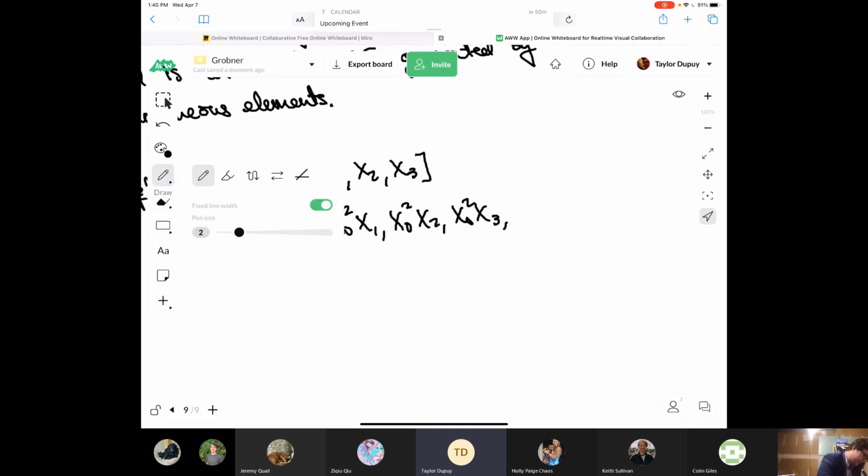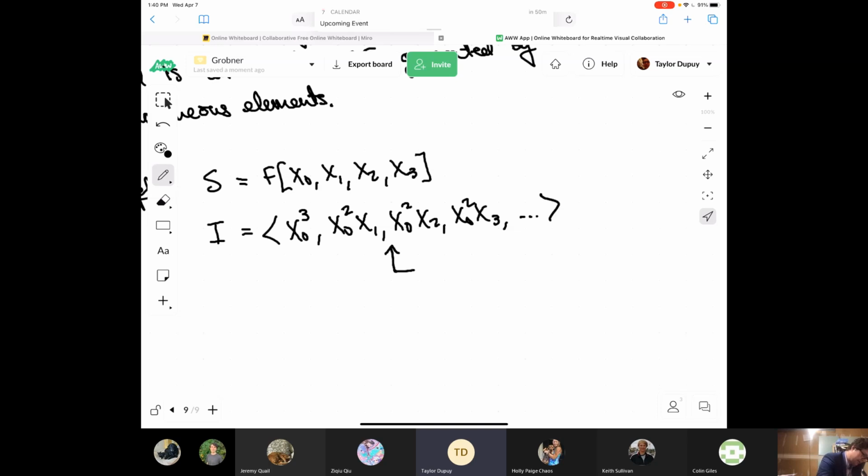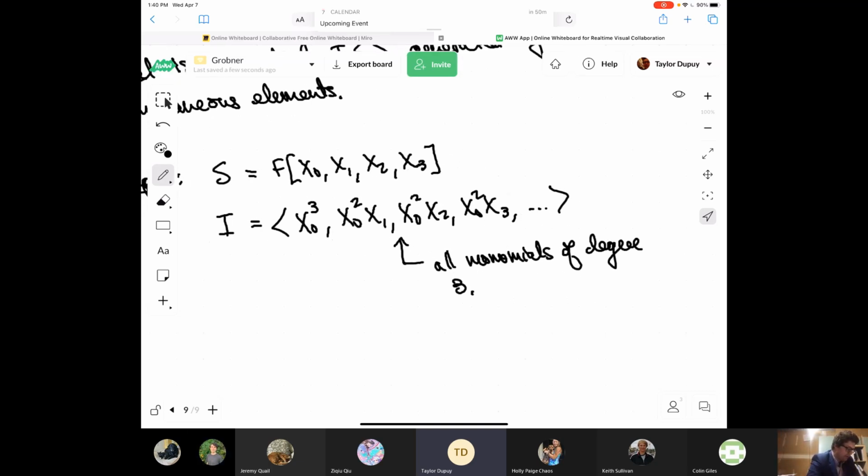So I'm doing all monomials of degree 3. Okay, so this is something that you could consider, right? This is a homogeneous ideal.